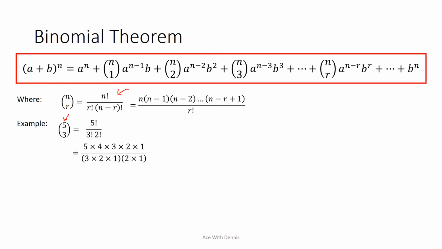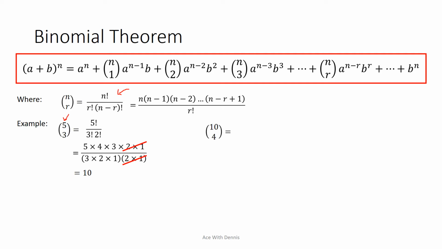The factorial means 5 times 4 times 3 times 2 times 1 for 5 factorial, 3 times 2 times 1 for 3 factorial, and 2 times 1 for 2 factorial. From here we can cancel 2 times 1 with 2 times 1, and continue to get the answer, which is 10. So using the first formula, we get the answer 10.